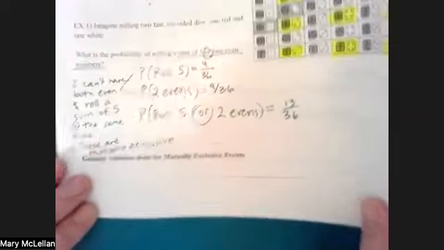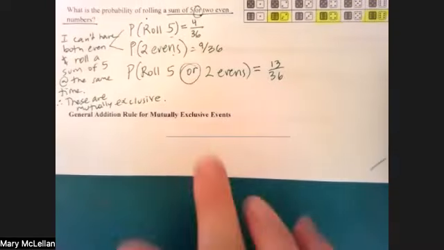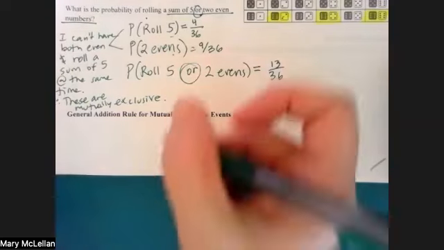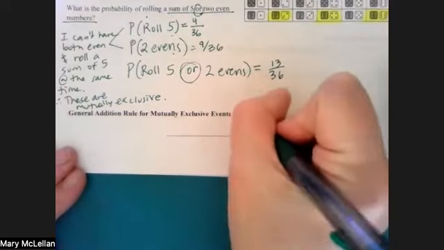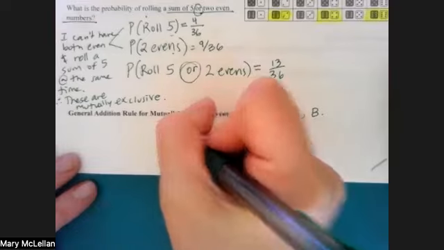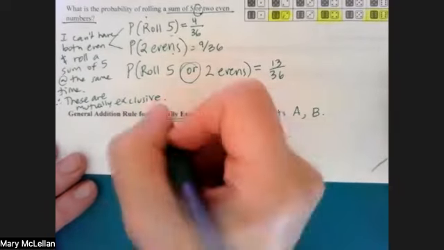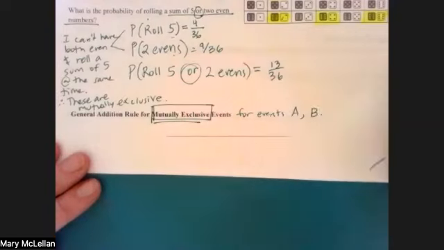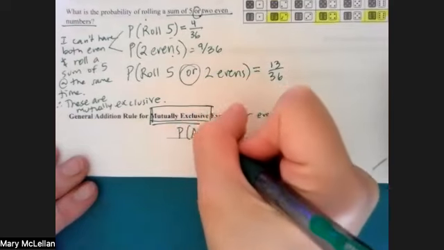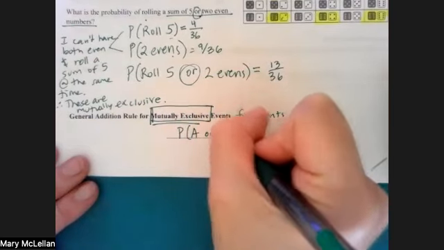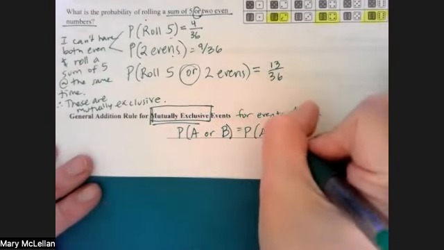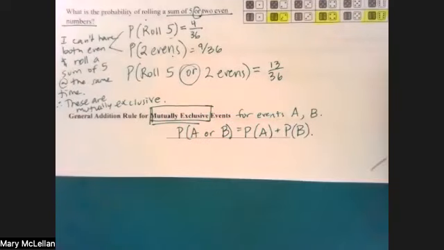Period. And mutually exclusive events are nice because it's really easy to find the probability that one happens or the other. So if you have 2 events, A and B, if they are mutually exclusive, and this is only true if they're mutually exclusive, the probability of A or B equals the probability of A plus the probability of B, period.